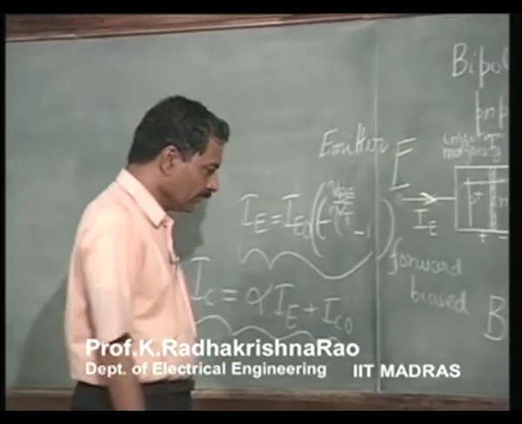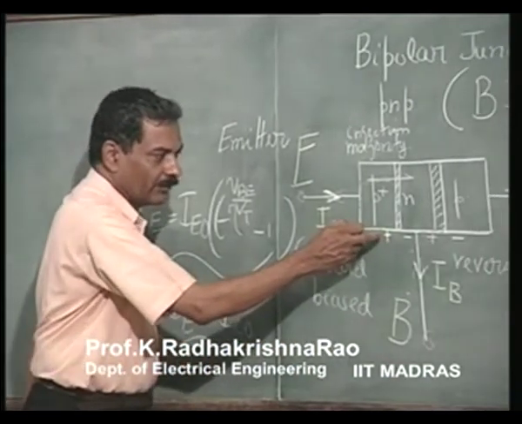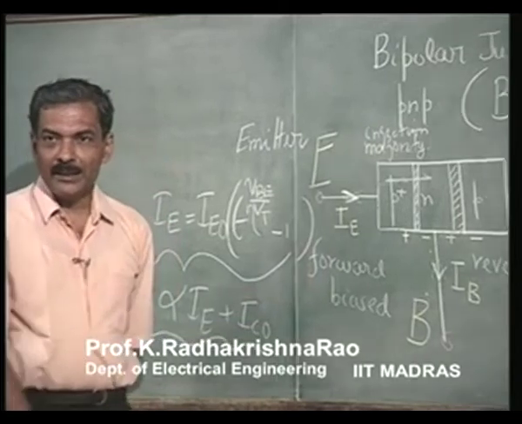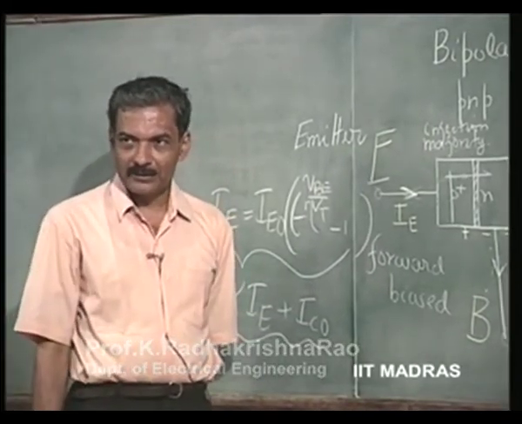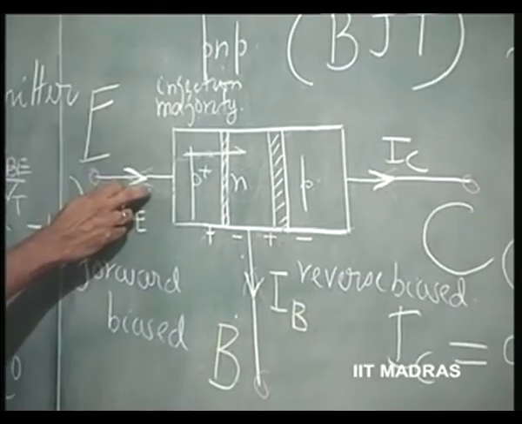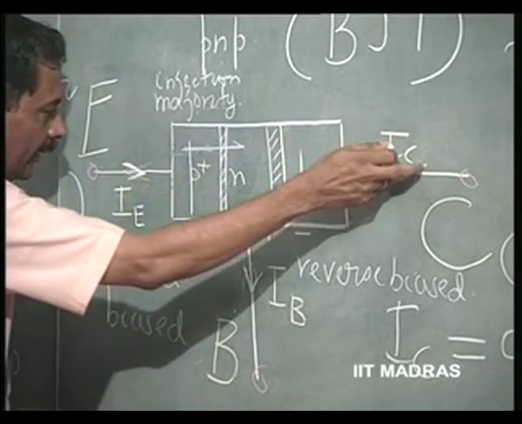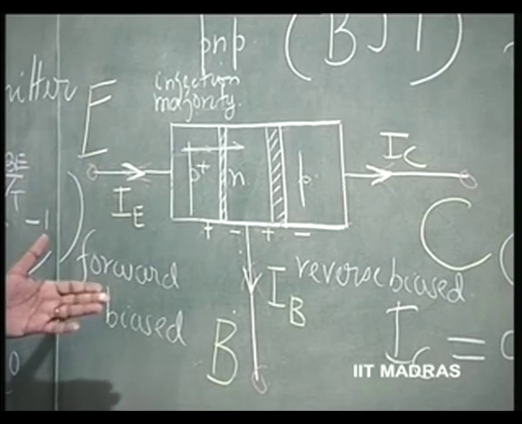You can therefore see that the emitter base junction voltage, which is the input voltage, and input current are related exponentially. That is the nonlinearity. Output current and input current are related linearly.